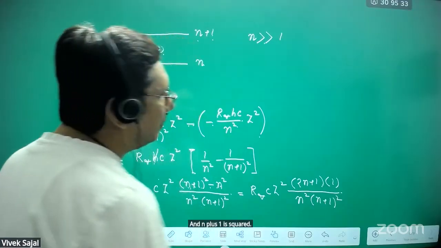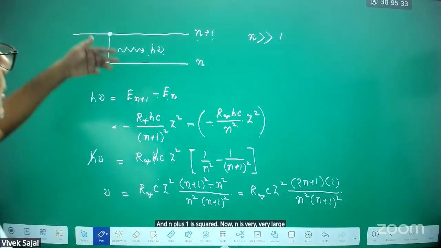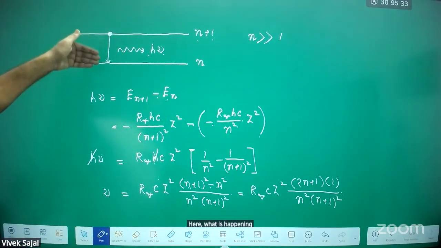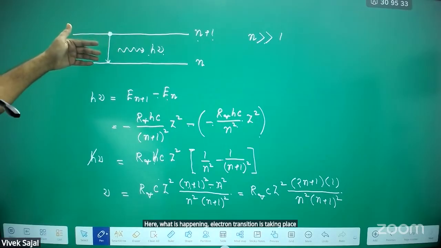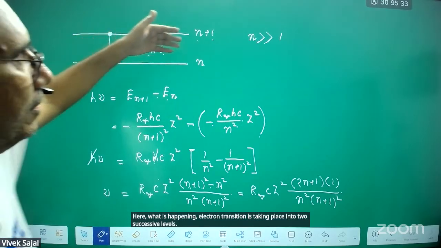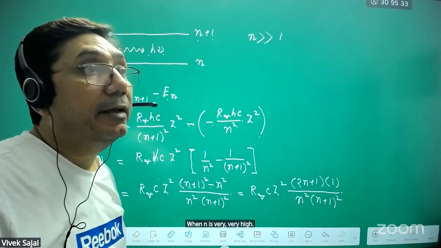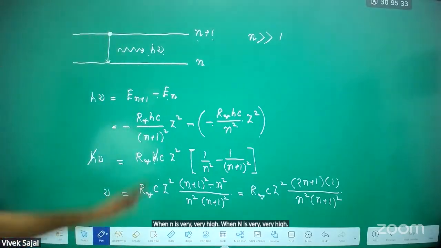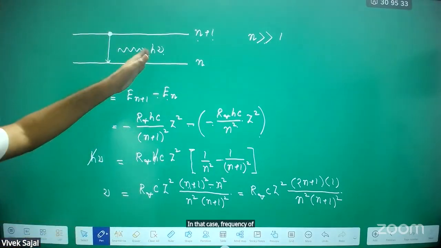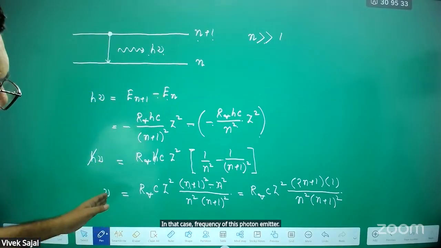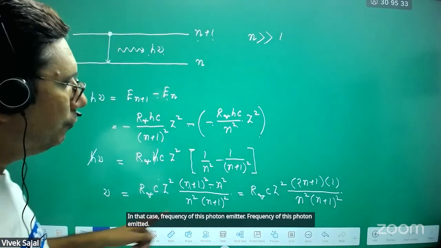Now n is very, very large. Here electron transition is taking place between 2 successive levels when n is very, very high. In that case, the frequency of this photon emitted, this nu we are calculating.